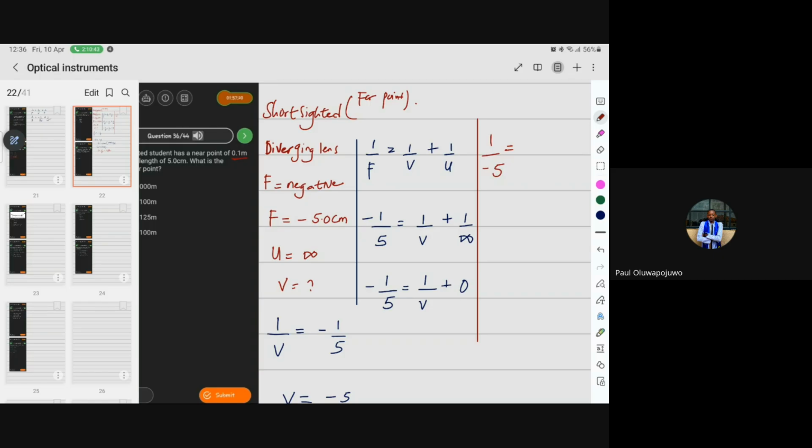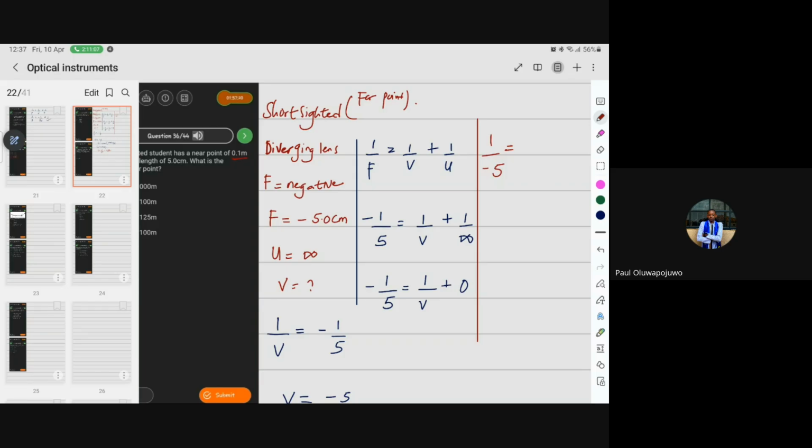So yes, 0.1 is the V. Then the U is what they are looking for. Find its far point, as well as the focal length.